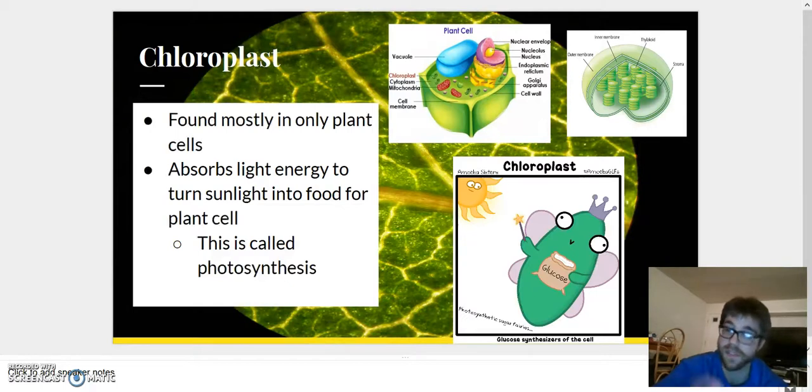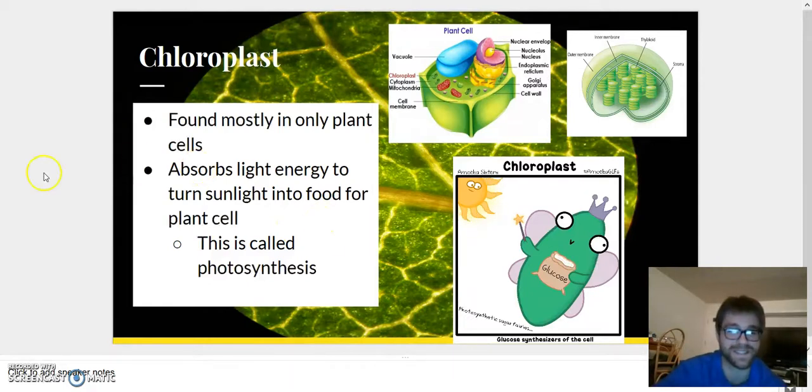And that glucose is later on used for energy in the mitochondria. But before we get to the mitochondria, chloroplasts make sugar using sunlight. This is called photosynthesis. Photosynthesis is when we turn sunlight into food, sunlight into sugar, sunlight into glucose.